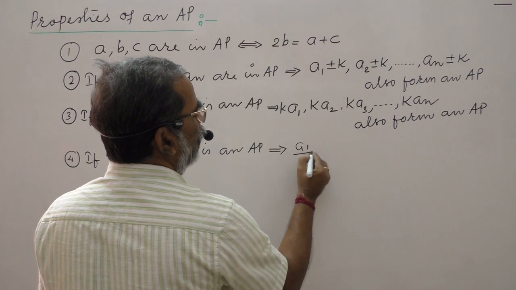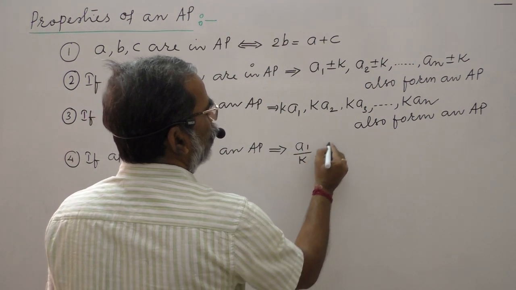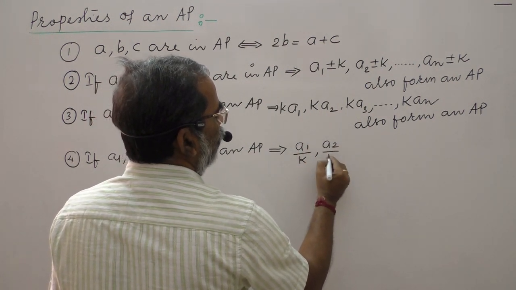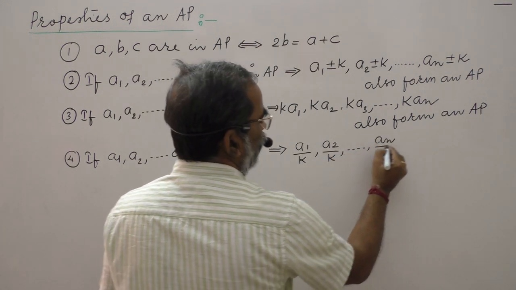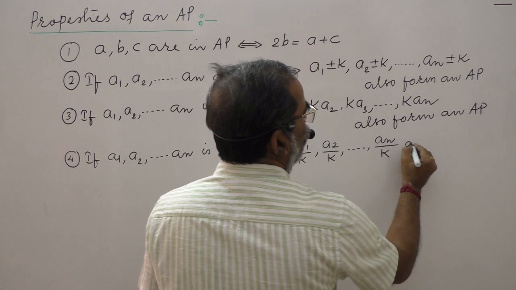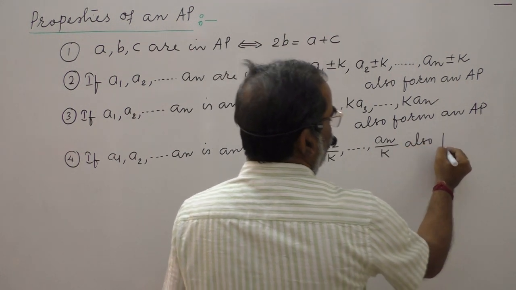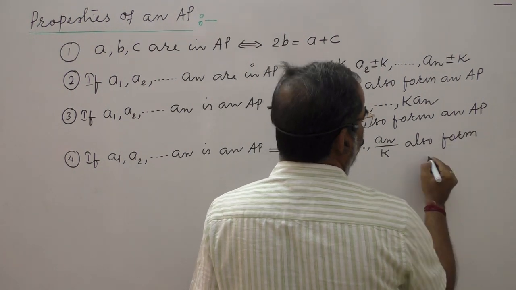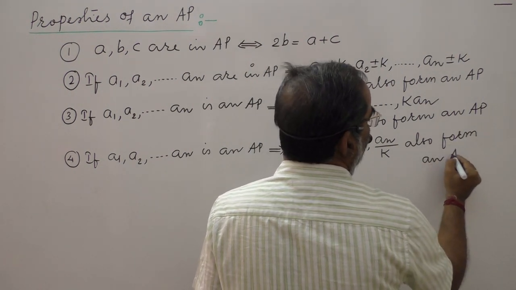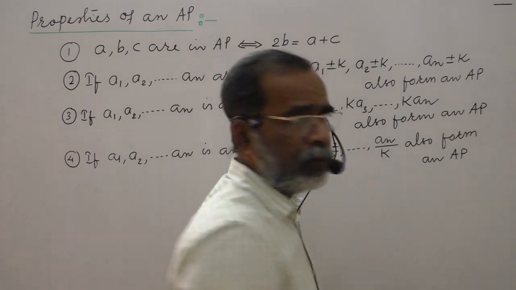That is, A1 divided by K, A2 divided by K, etc., AN divided by K, also form an AP series.